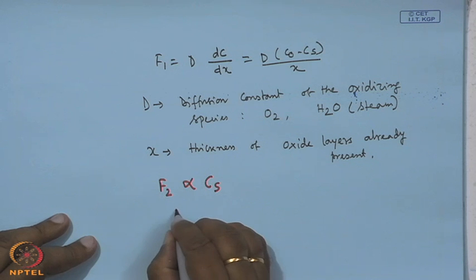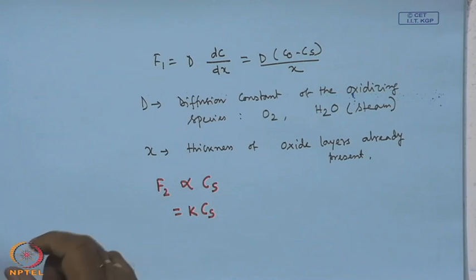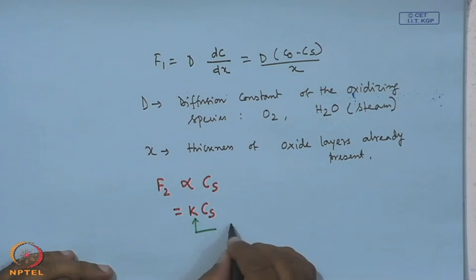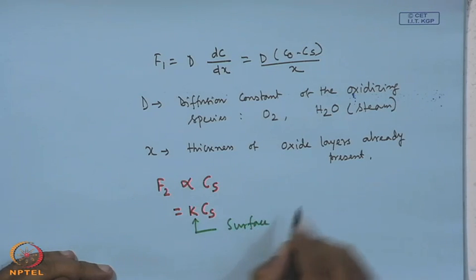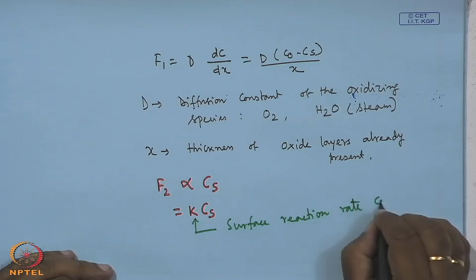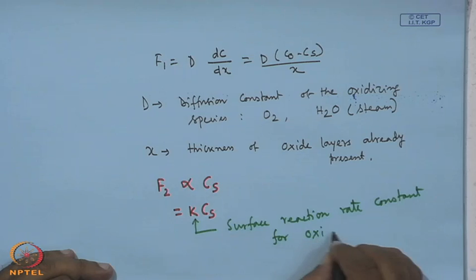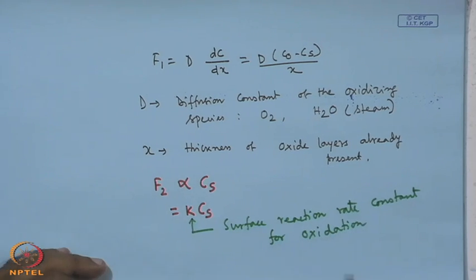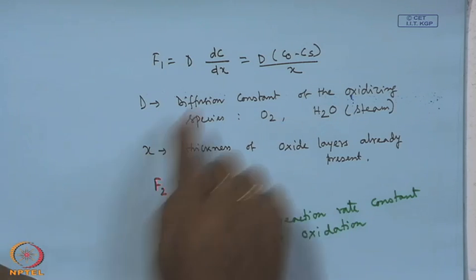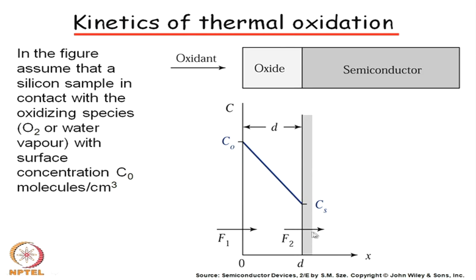So, we can write F2 equals k into Cs, where k is the surface reaction rate constant for oxidation. So, we get two fluxes at the two surfaces: F1 at the oxide surface and F2 at the semiconductor surface.